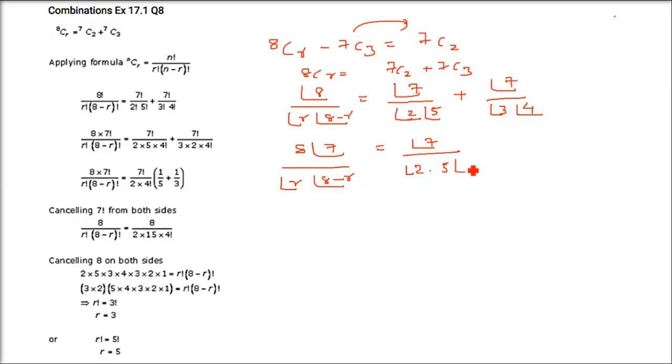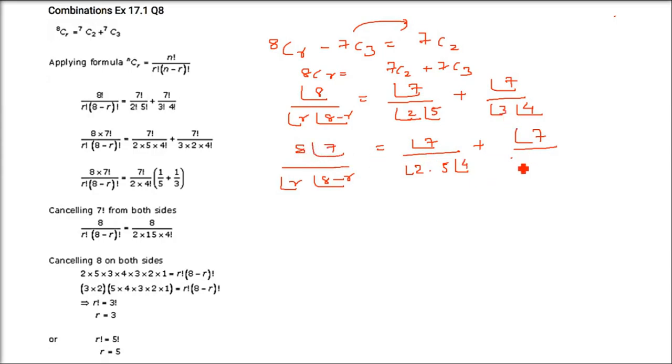Now I am writing this 5 factorial as 5 into factorial 4. Then we have this factorial 7 again, and this factorial 4. I am writing this factorial 3 as 3 into factorial 2.